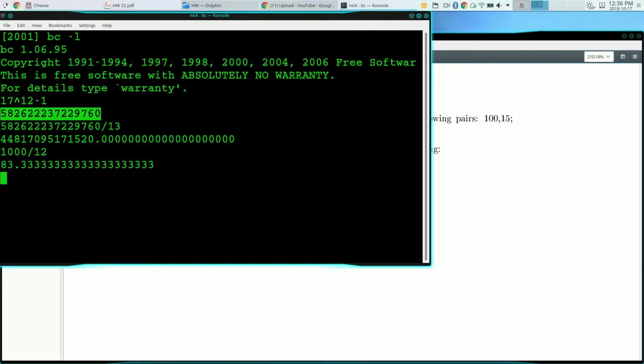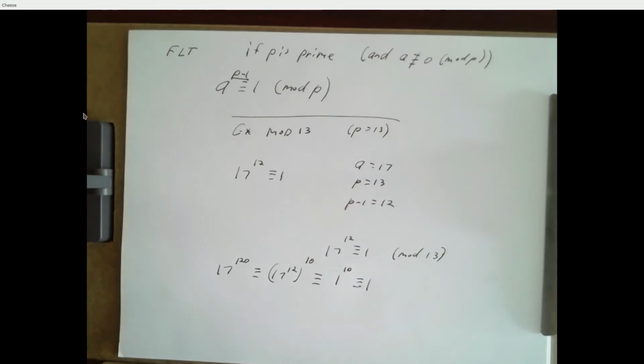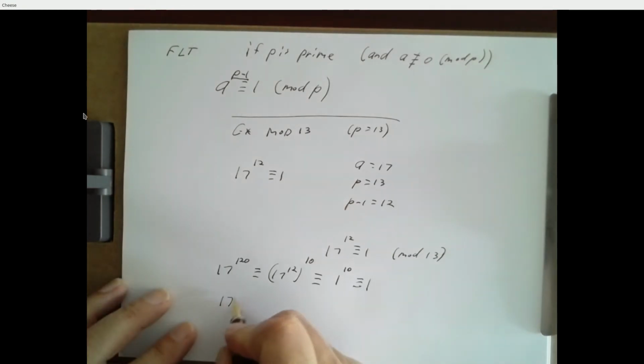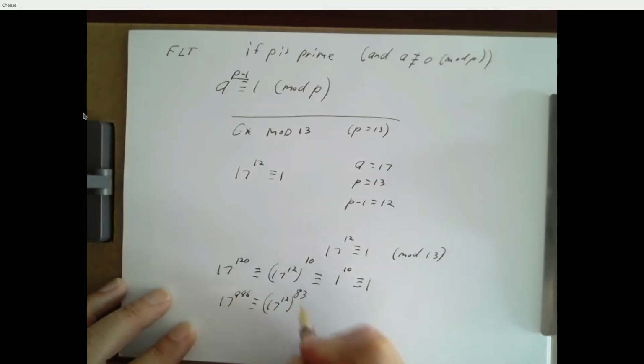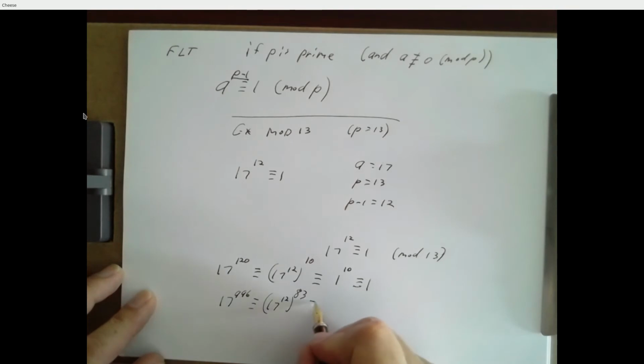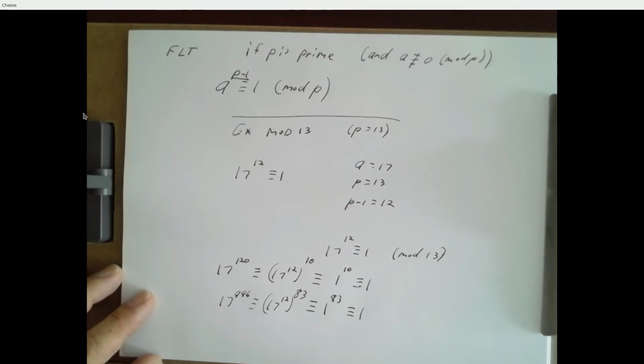So it looks like 83 times 12. So 17 to the 996 is 17 to the 12th to the 83. And since 17 to the 12th is congruent to 1, that's just 1 to the 83rd, which is 1.